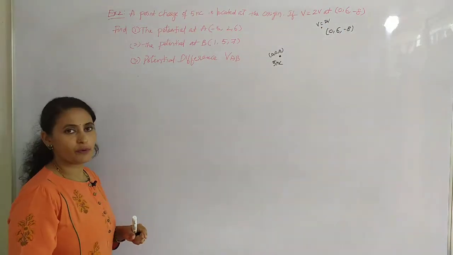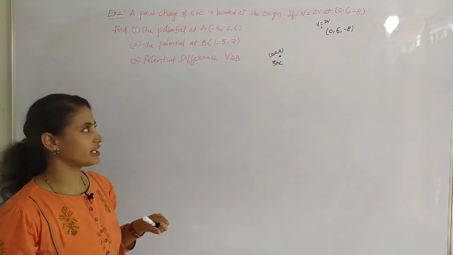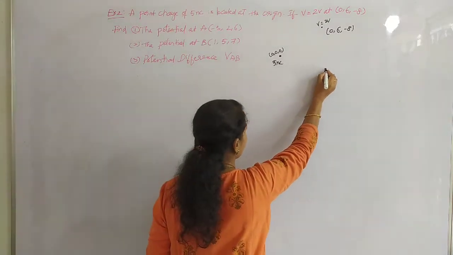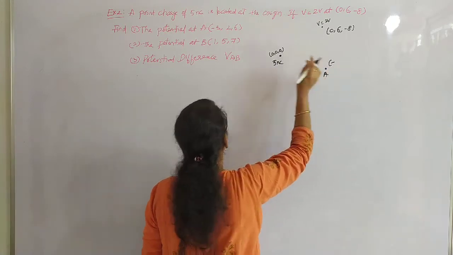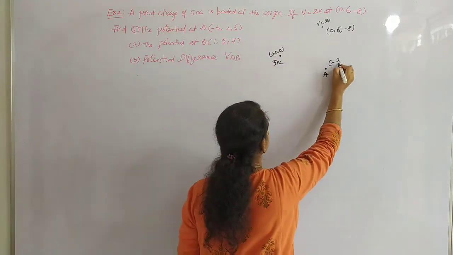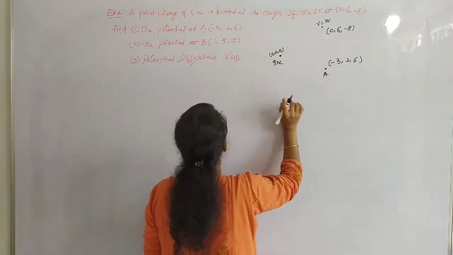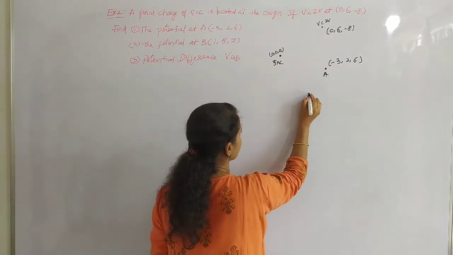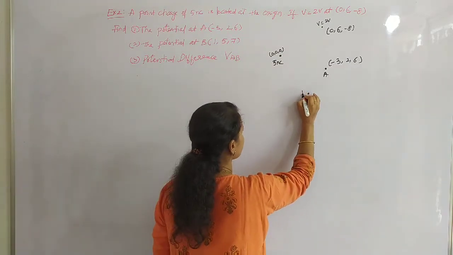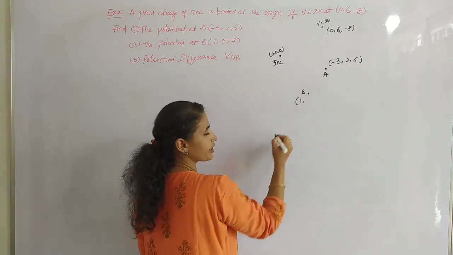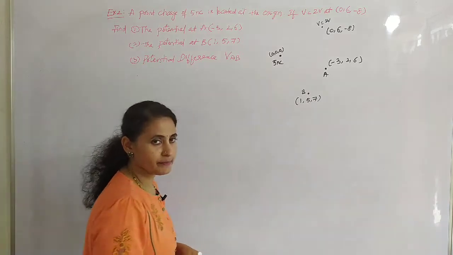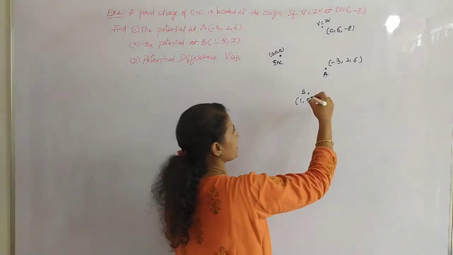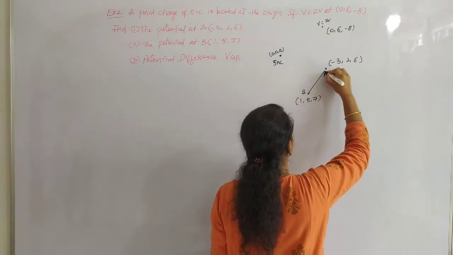Now we are supposed to find the potential at the point A, where the coordinates are (-3, 2, 6). At B, what is the potential, where the coordinates are (1, 5, 7)? And finally, what is the potential difference between these two?